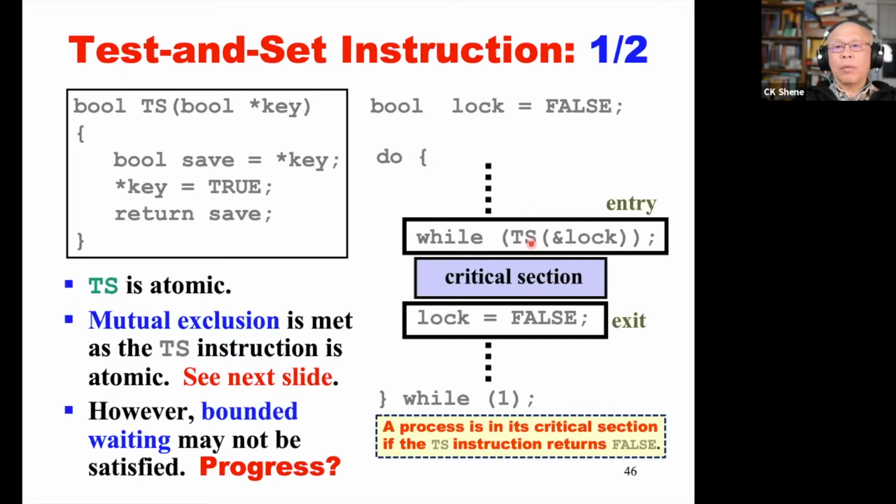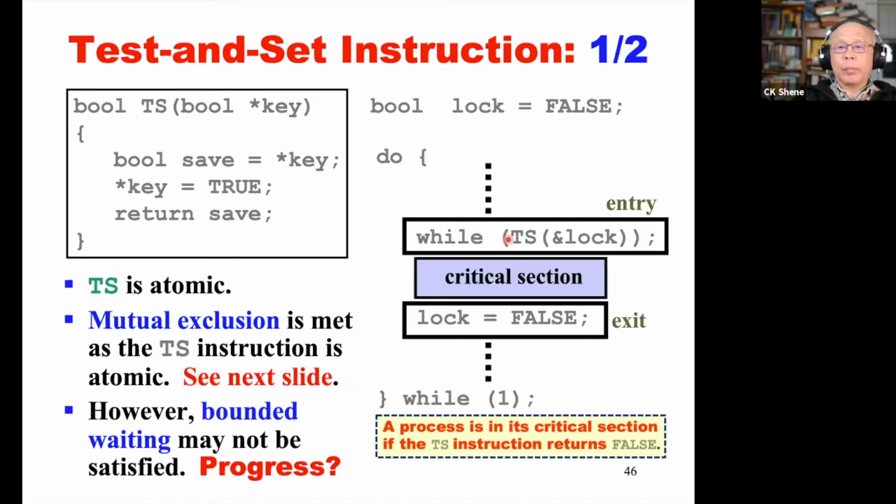Now, if this process is the first one to execute TS, because now the value is false, TS simply saves true to lock and returns false. You may interpret it in the following way. TS simply returns the value in the location and replaces it by true.